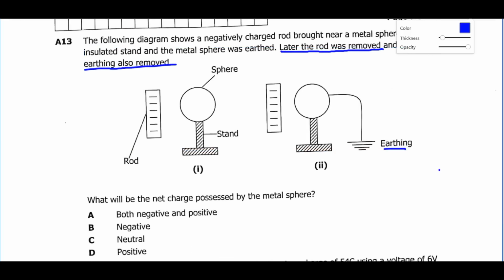Now, what will be the net charge possessed by the metal sphere? Since the earthing was removed, the sphere will have the charge opposite to the rod. So this will be positive, since the electrons have been earthed. So the answer is D.